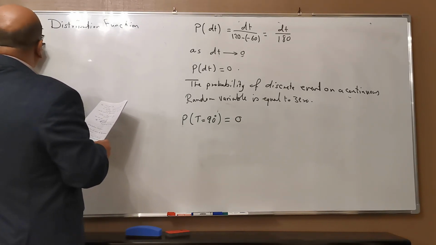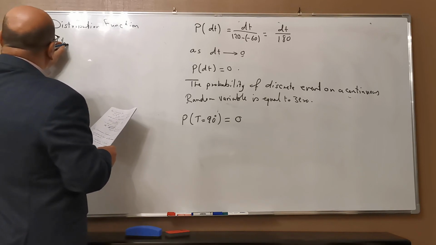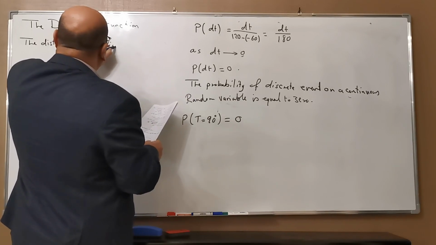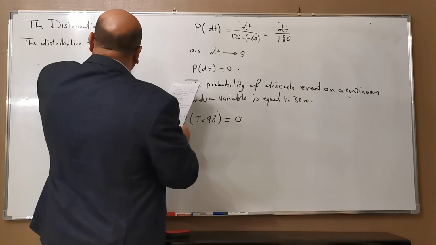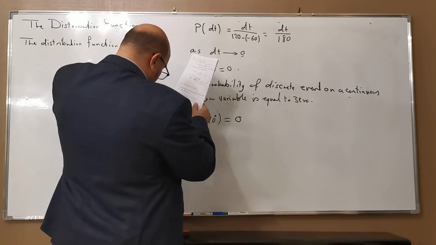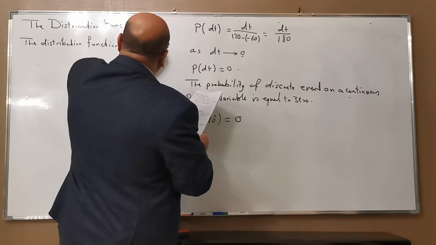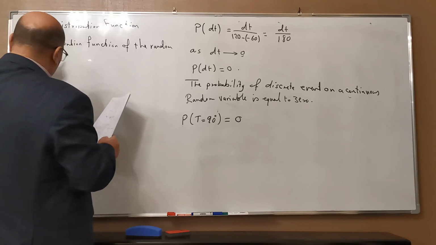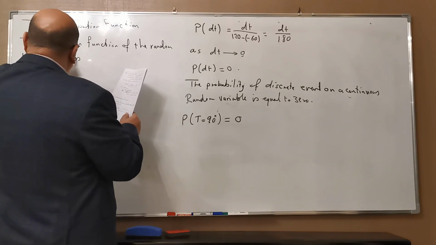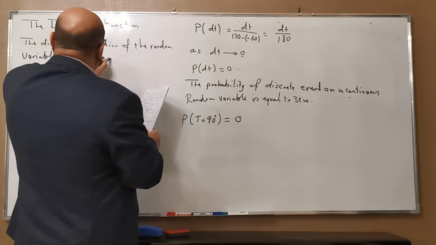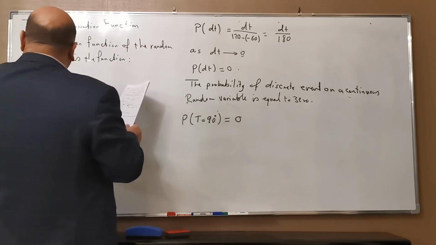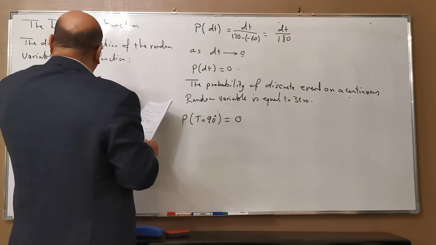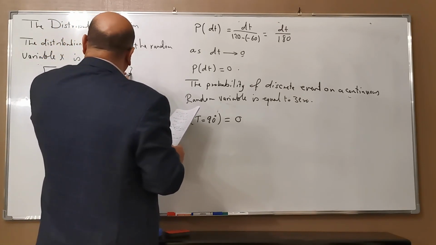The distribution function of the random variable x is the function f sub x of x is equal to the probability that x is less than or equal to small x.